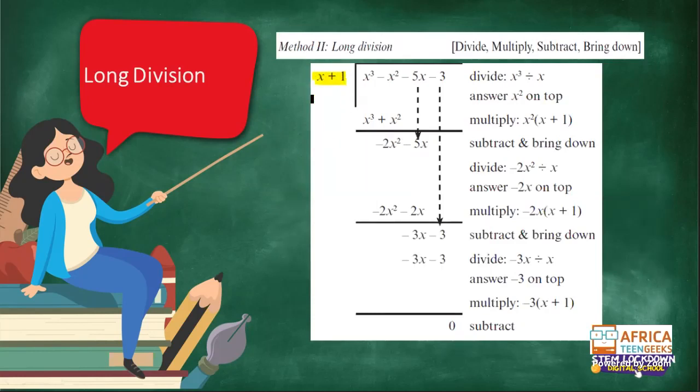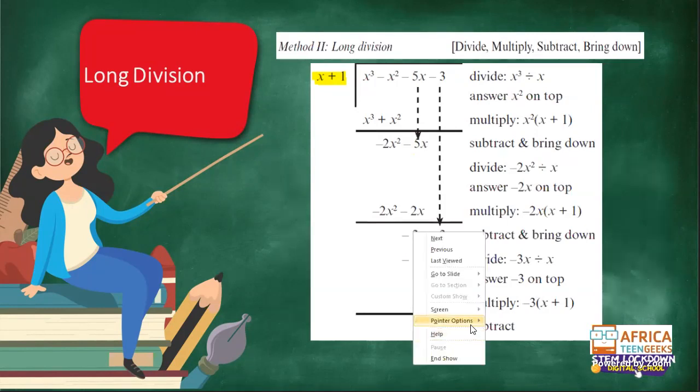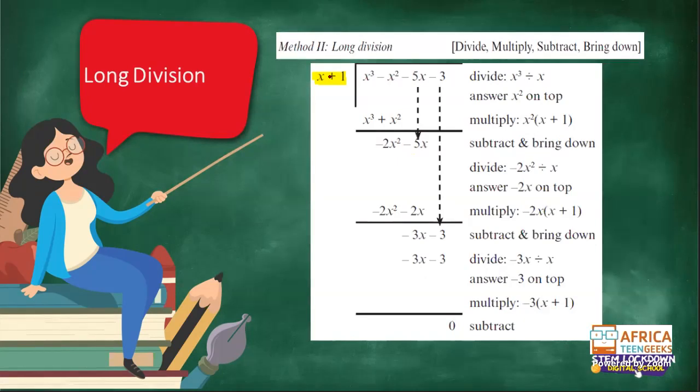Still use x plus 1. Then you say, x cubed divided by this x, and you will get what? X squared. So let me write it here.